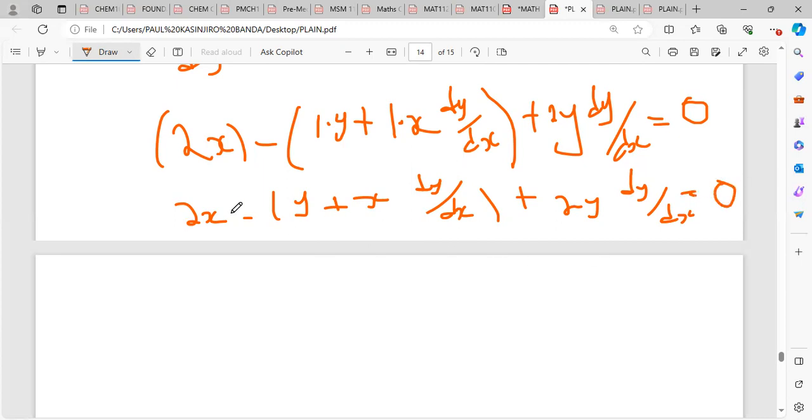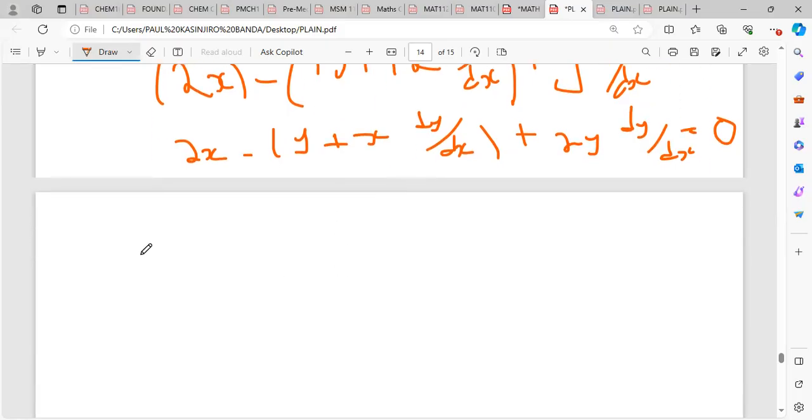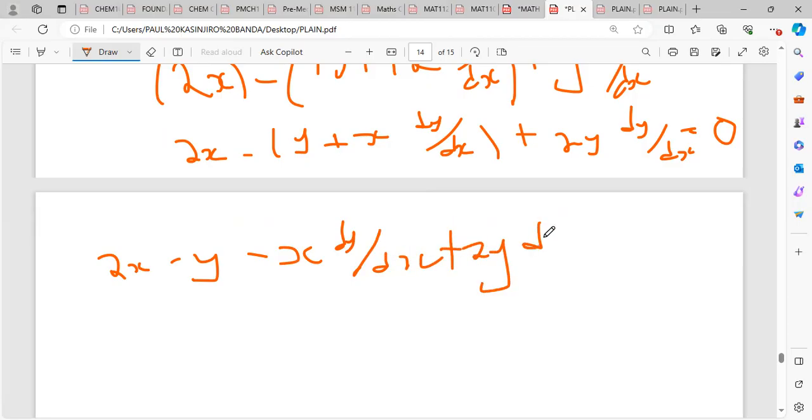So here now, what are we going to do? We are going to put like terms together. So the 2x there will be there. Then I'll say minus y. Then this guy here will get a minus x dy dx. Then plus 2x dy dx there, is equals to 0 there.